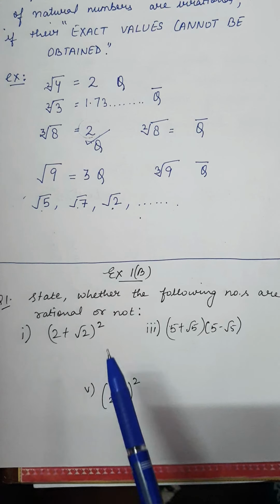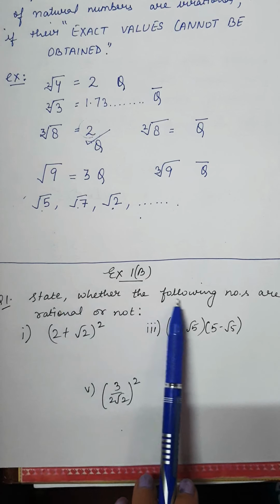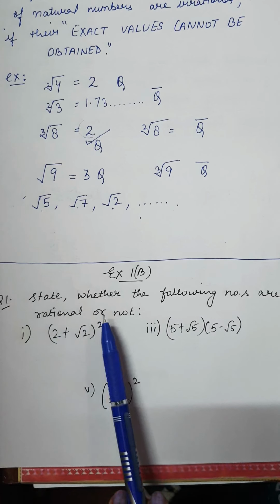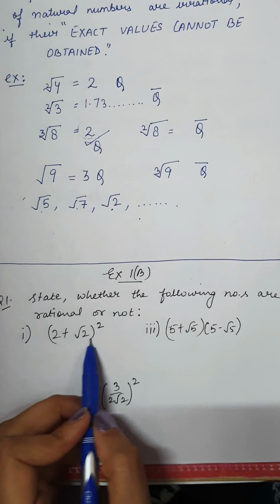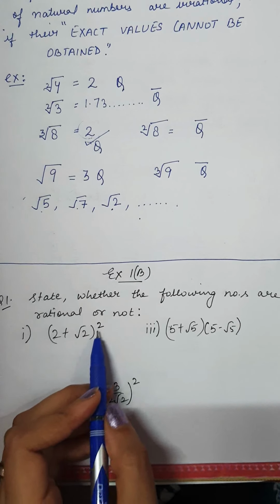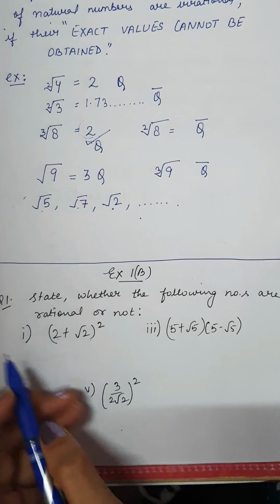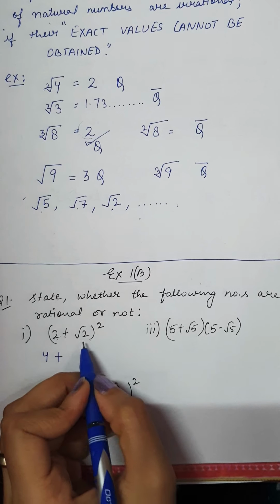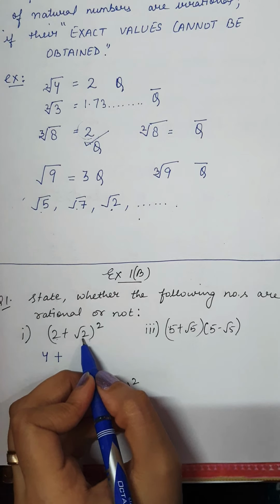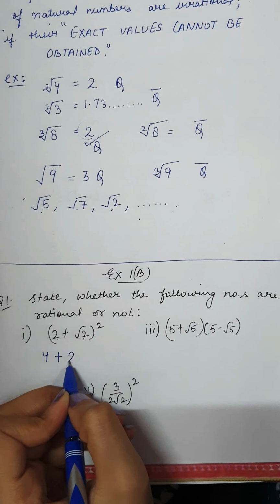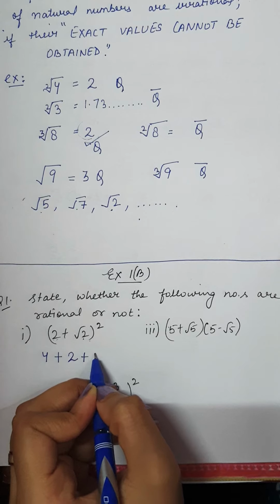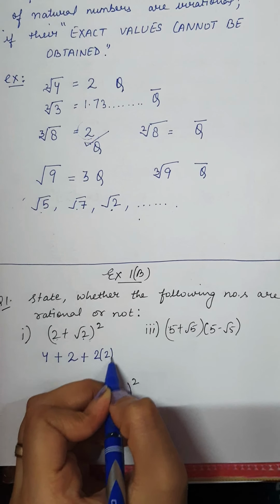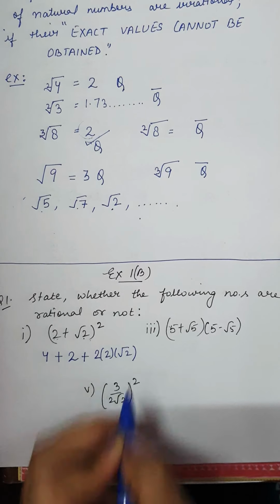Next, exercise 1b. State whether the following numbers are rational or not. So first we need to simplify them. First we will simplify this, a plus b whole square. So identity: a square is 4, b square is root 2 whole square, that means root 2 into root 2, plus 2 into a into b.